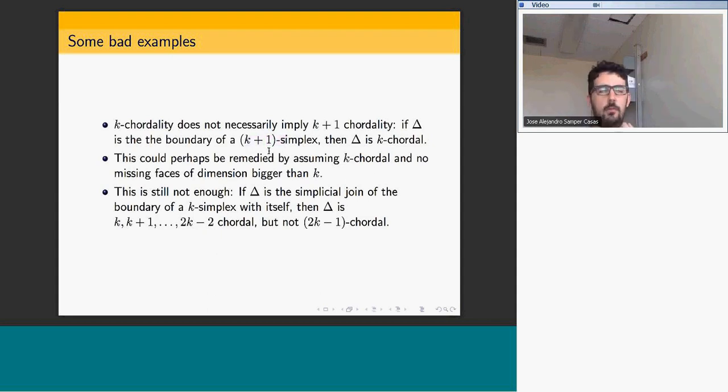But this has an issue. The reason why k plus 1 chordality fails here is because maybe we can assume that all the minimal non-faces of our simplicial complexes have size k, which is what we're doing with the chordal graph, the clique complex of a graph.